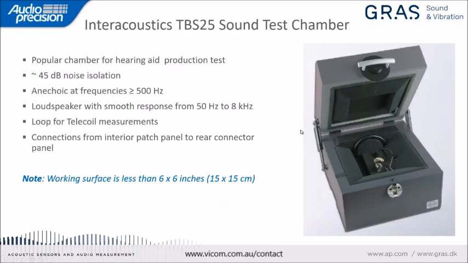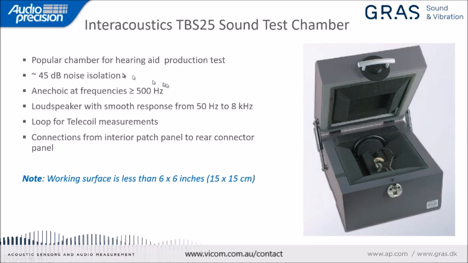Now one of the most popular sound test boxes is this TBS-25 sound test chamber made by a Danish company called Interacoustics. I think the same unit is sold by Brüel & Kjær, I think they just buy it from Interacoustics and put their own model number and their own paint color. But it's one of the most popular chambers for hearing aid production test.